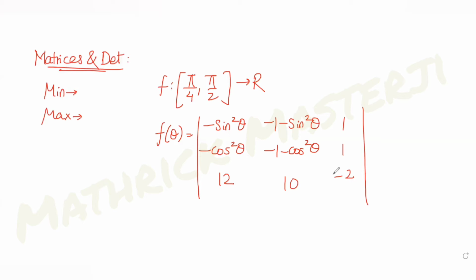So we have been told if the minimum value of this function is small m and the maximum value is capital M respectively, then the ordered pair (m, M) is equal to what?